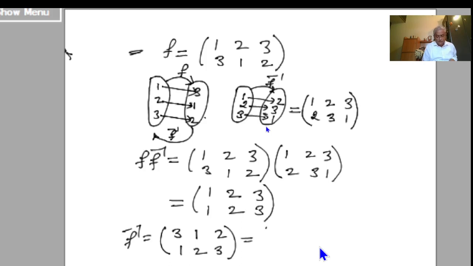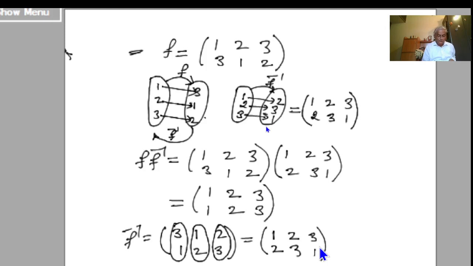This permutation can be written as: first column 1, 2, then this column as the second column 2, 3, this column as the third column 3, 1.